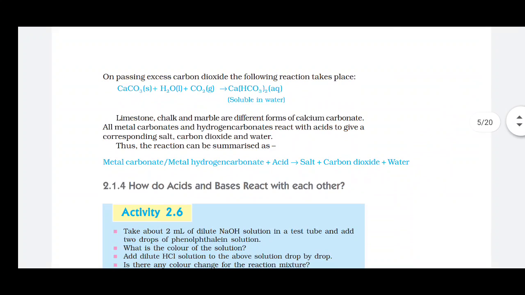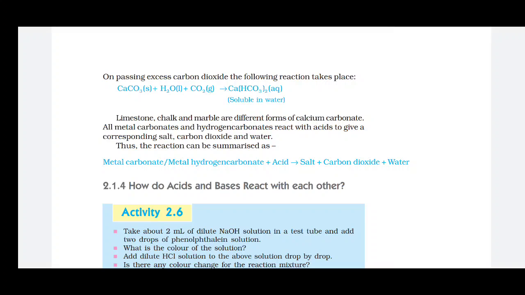Now on passing excess carbon dioxide gas through the calcium carbonate, you will get a substance soluble in water. It is calcium hydrogen carbonate, Ca(HCO3)2. Limestone, chalk and marble are different forms of calcium carbonate.